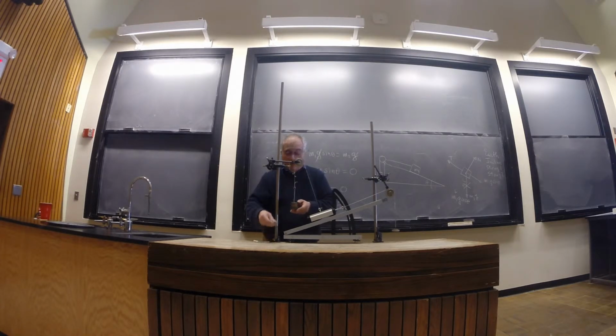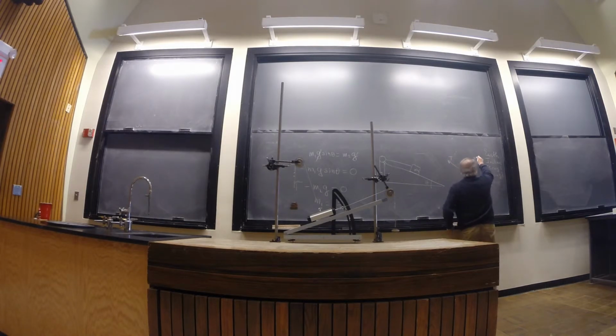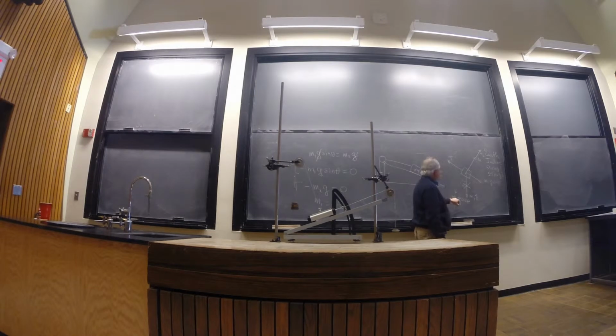So let's imagine now what's happening. In this direction, I have N and I have T2, where T2 is the tension in string 2. And the sum of these two is M1G cosine theta. Okay? The more T2 I put in, the less N I have, right?